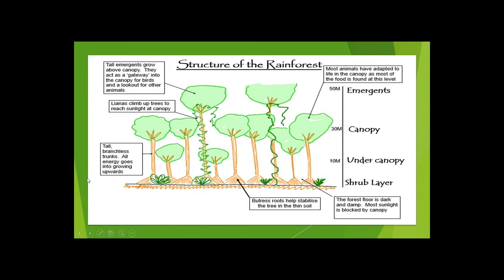Okay, so you've now put the diagram in your books, and we do have a more detailed diagram to follow. We are looking at the structure of the rainforest. As you can see, we have very tall trees, we have medium-sized trees, we have lower trees, and we have little bushes and shrubs at the bottom.